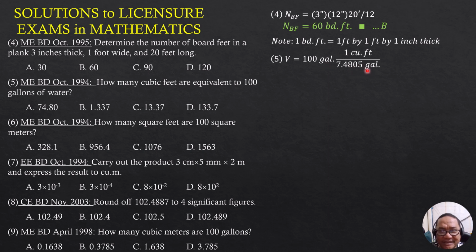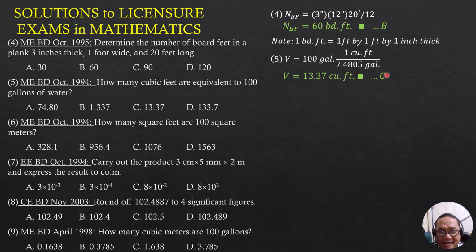And therefore, we can now compute that 100 divided by 7.4805, and that's 13.37 cubic feet. And we also note that 1 gallon is equal to 231 cubic inches.